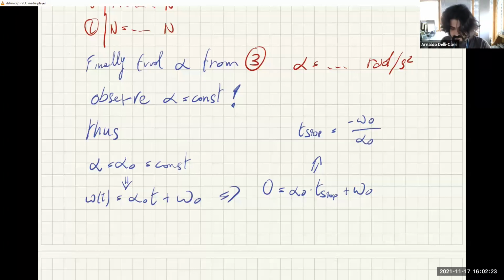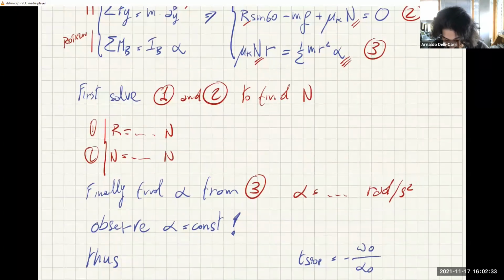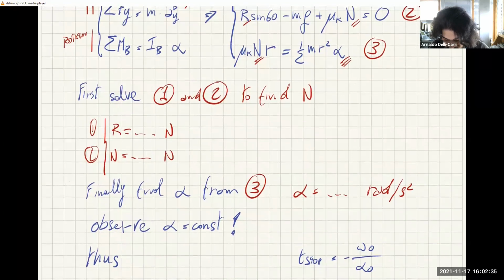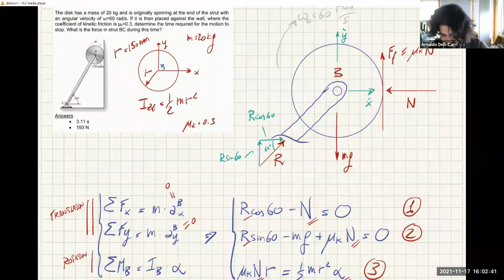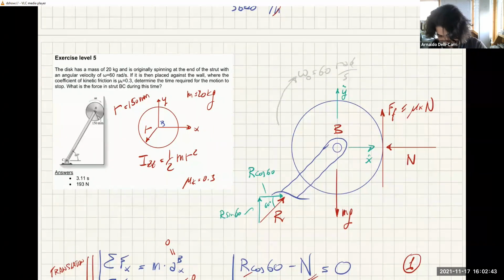Yes. It looks like we have a negative time, but we don't have a negative time because alpha is a positive number. It's omega 0 that is a negative number, because omega 0 is clockwise. Omega 0 is clockwise, so it's a negative number.